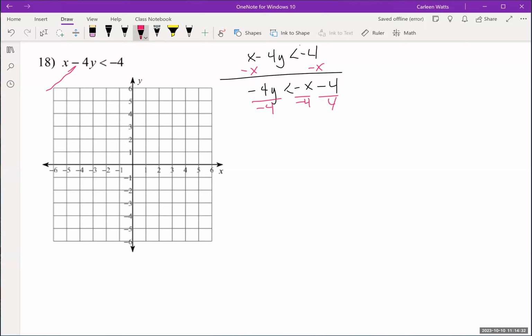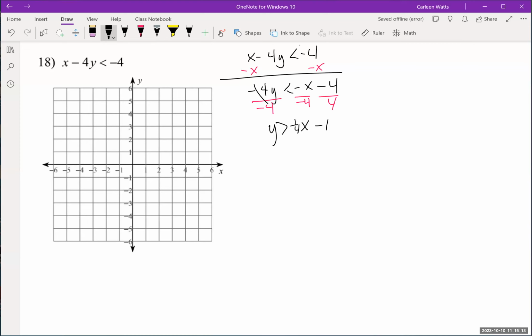I can see right here that my y was negative, so I would have to divide by a negative number. Cancel. So this is going to become positive 1/4 x minus 1. Everyone see that? Positive 1/4 x, right? Because a negative divided by a negative is positive. But whenever I multiply or divide by a negative, the less than is going to have to become greater. The less than, we're going to flip it.